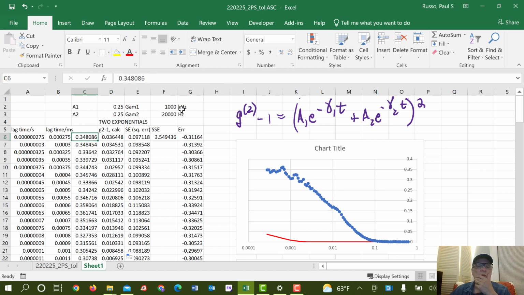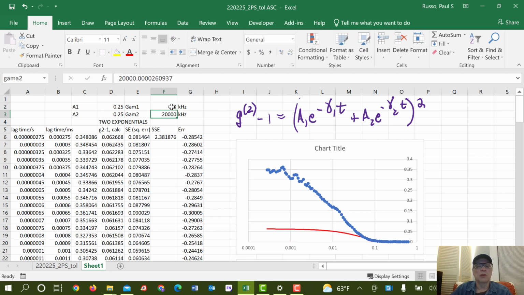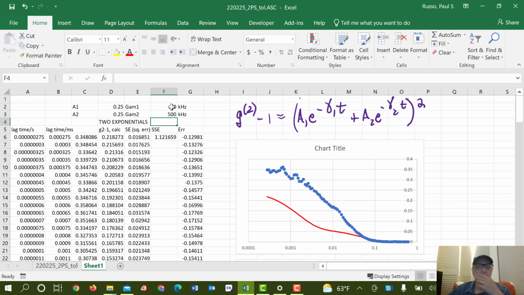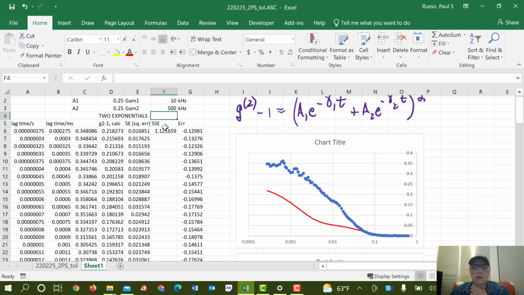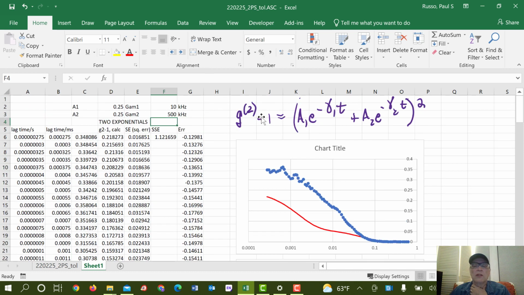I think so. And I do think these are kilohertz. Then we will put kilohertz there. We'll put in 10, and we'll put in 500. There we go. Shall we see if it does better? Let's see. Can't hurt to look.